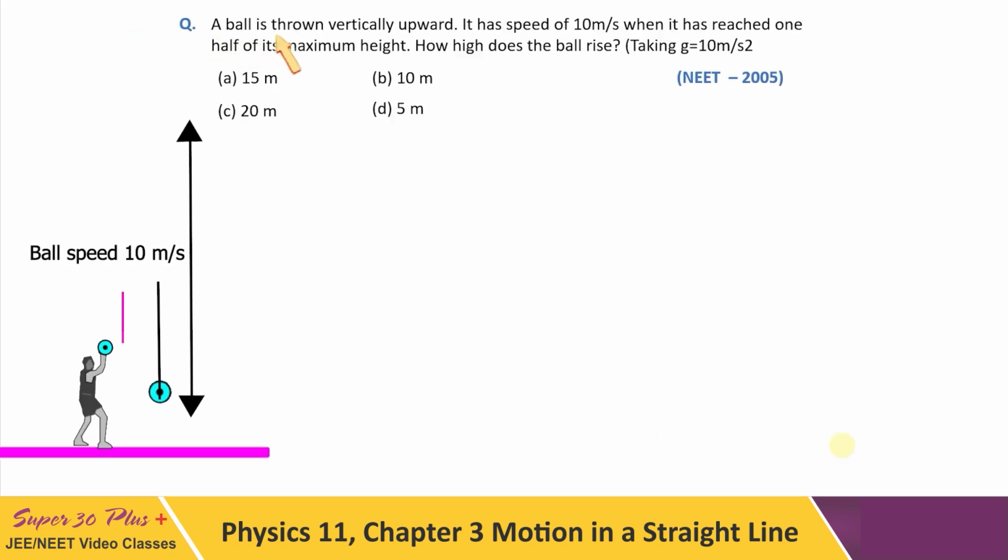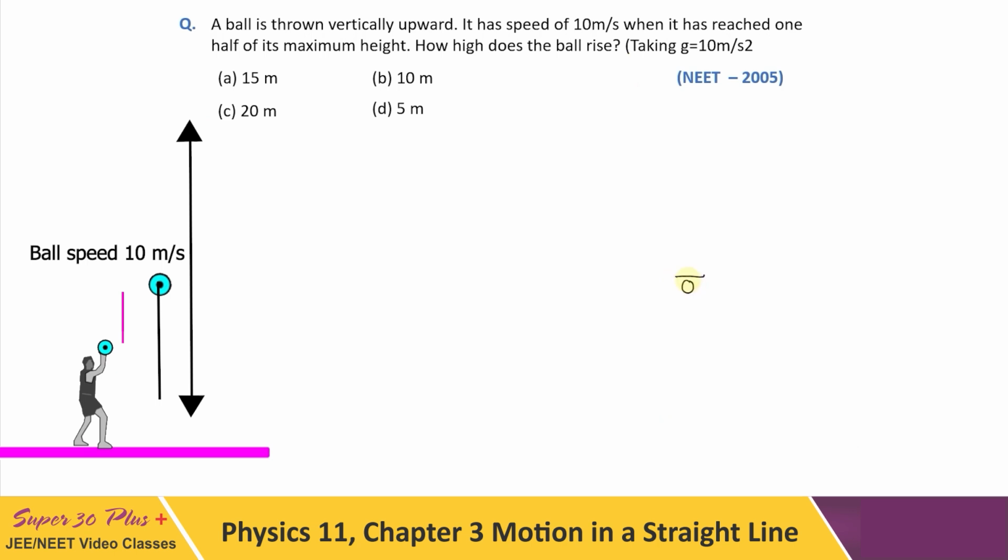A ball is thrown vertically upward. It has a speed of 10 meter per second when it has reached 1/2 of its maximum height. How high does the ball rise? Okay, this is again a question from motion in vertical direction. First let me draw the situation.